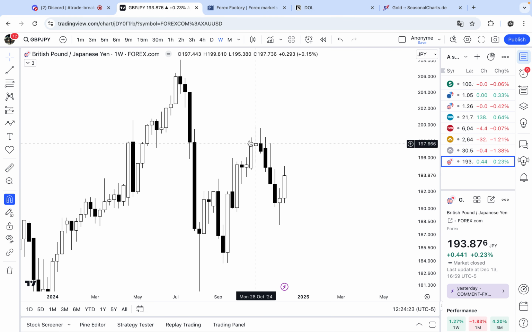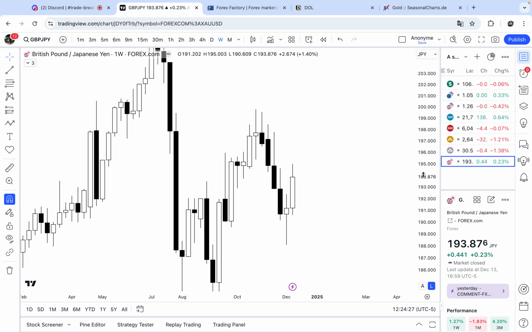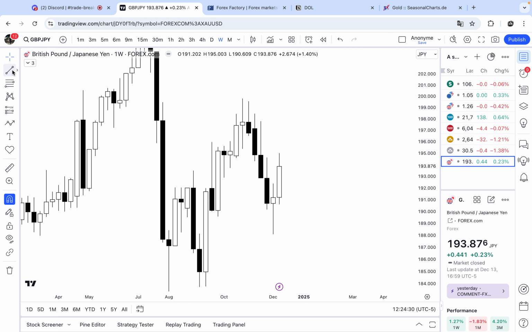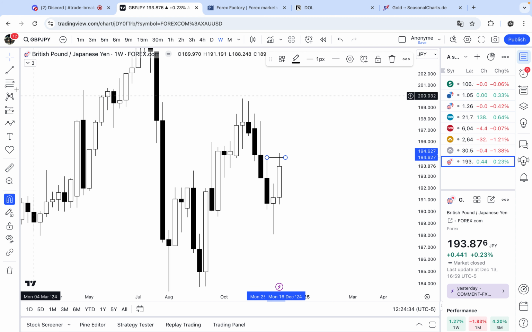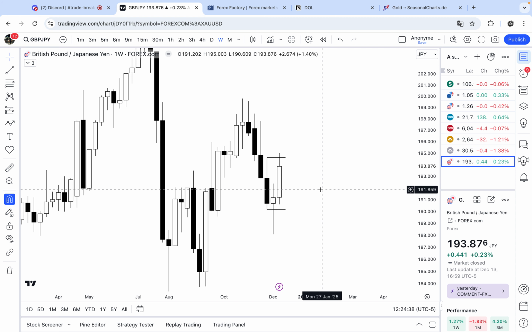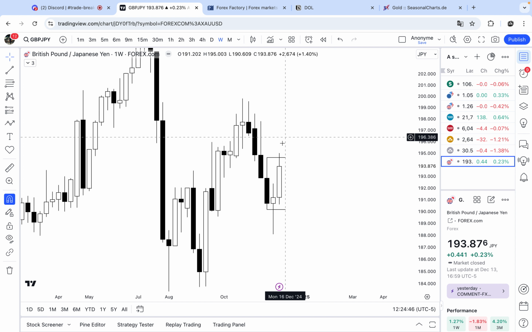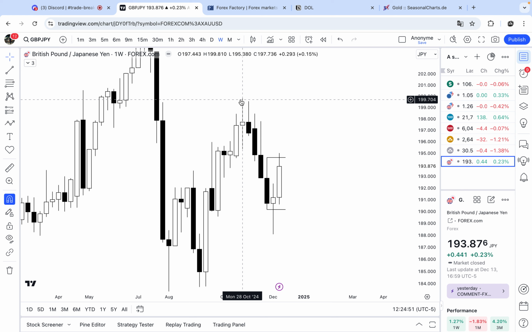Weekly, what we see. So this CRT got fully respected. This CRT got respected. So now price on the weekly is pretty far, right? Do you think the price will go till there? I don't know.